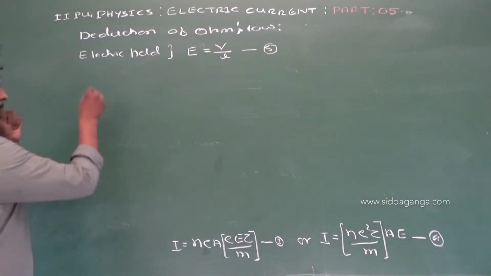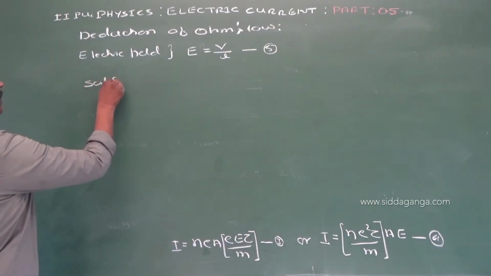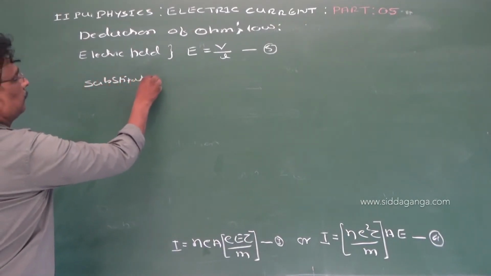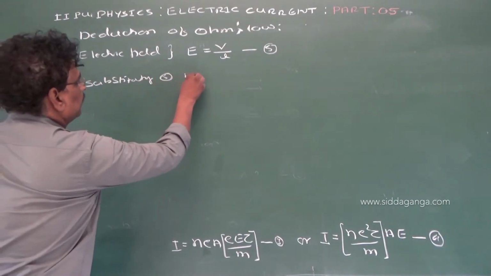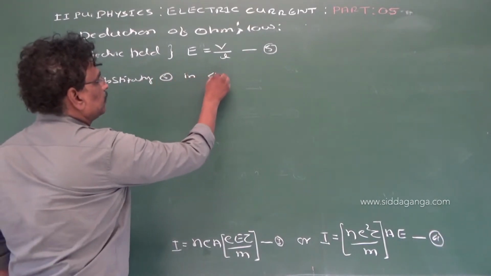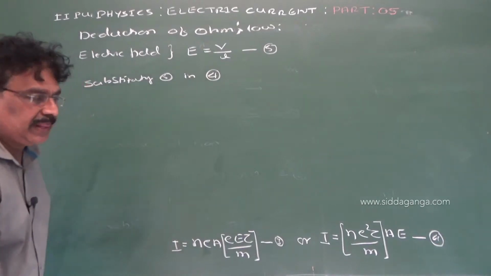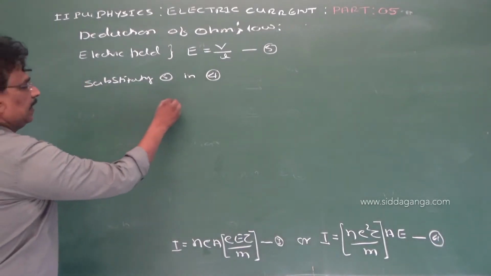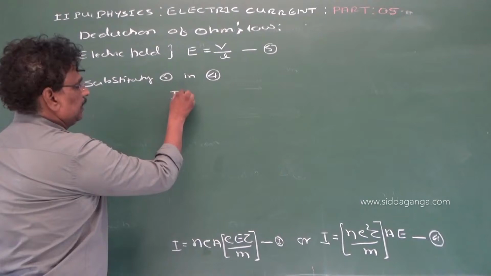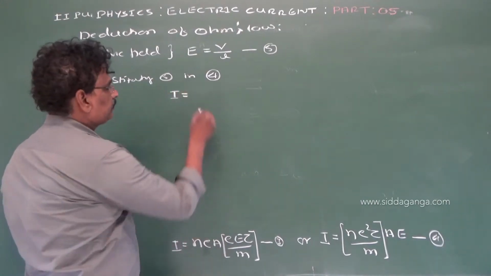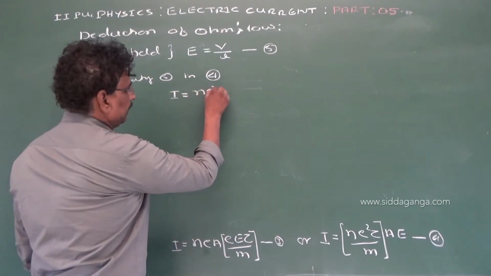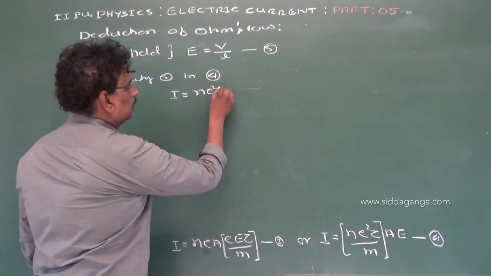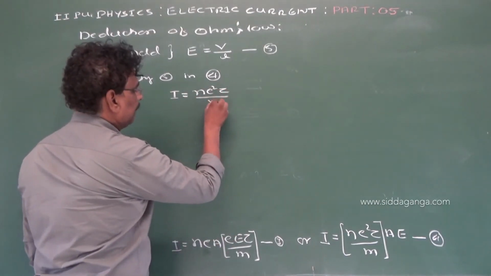Now substituting equation 5 in equation 4, we get I is equal to n e square tau by m.